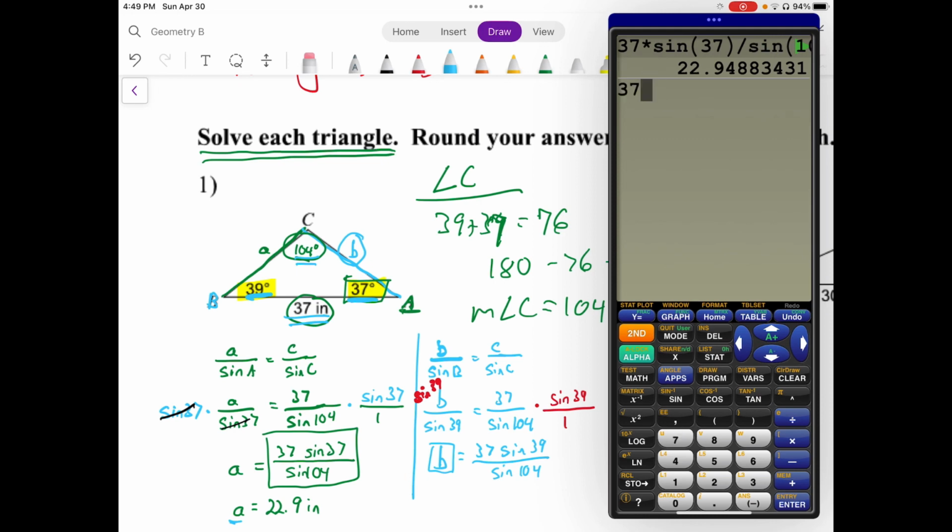We have 37 times the sine of 39 divided by the sine of 104, and we get 24. Just a bit larger than side A, so 24 inches. And so we solved this triangle.